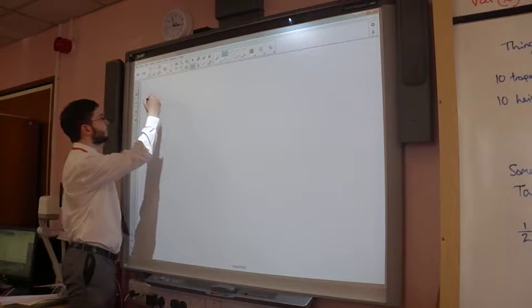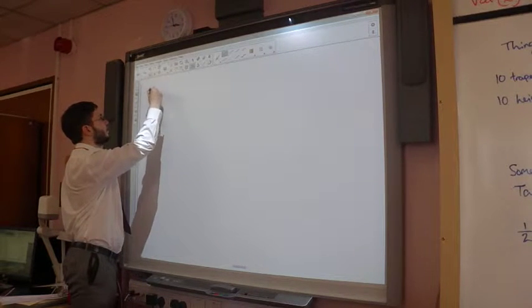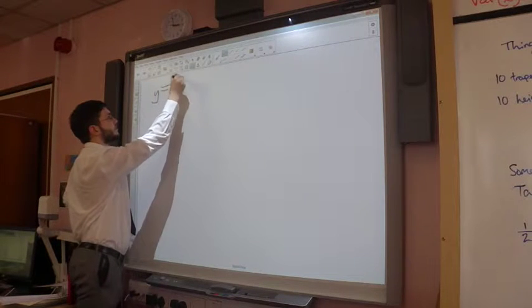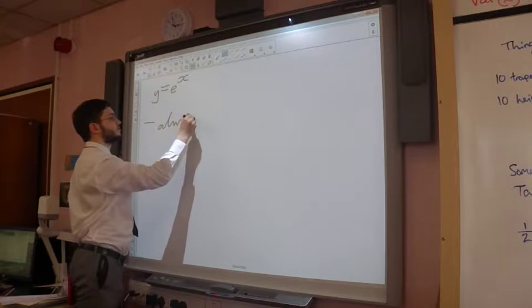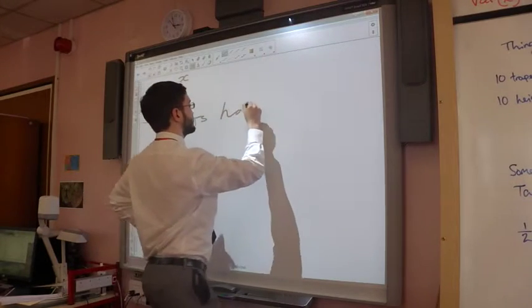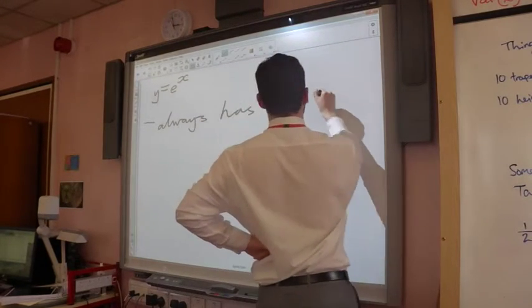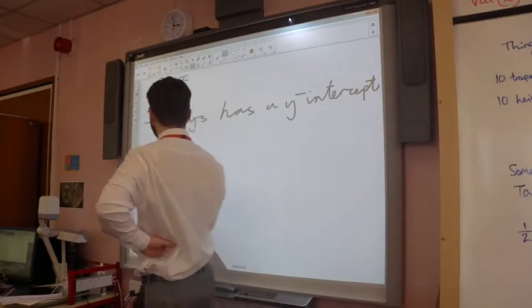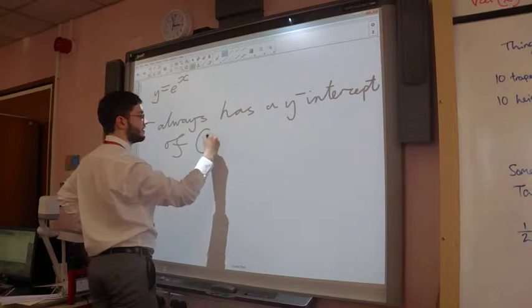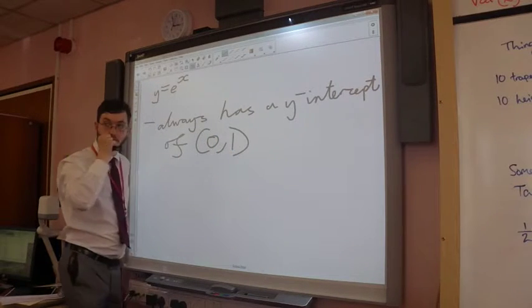So, y equals e to the x always has a y-intercept of (0, 1).